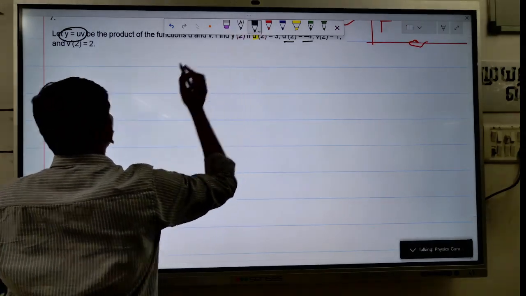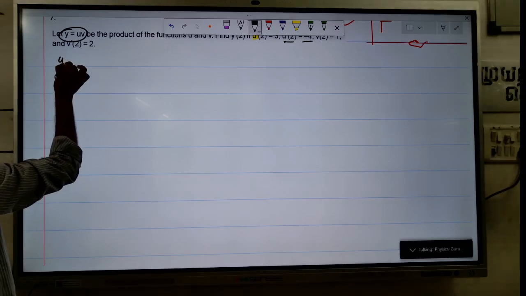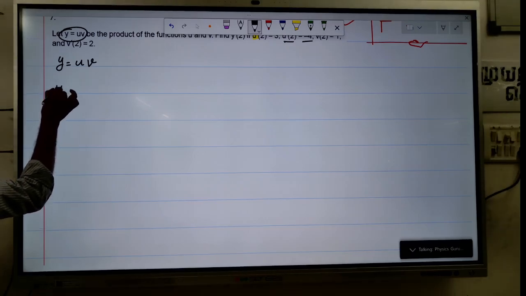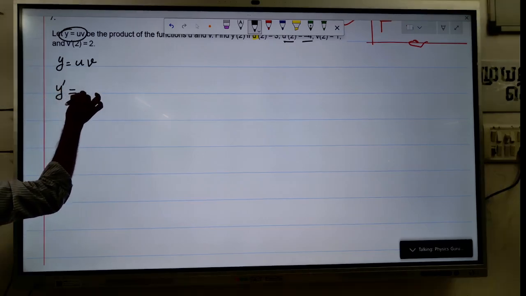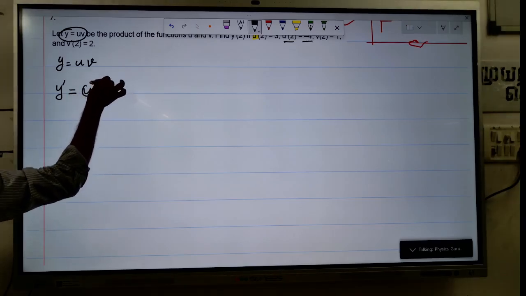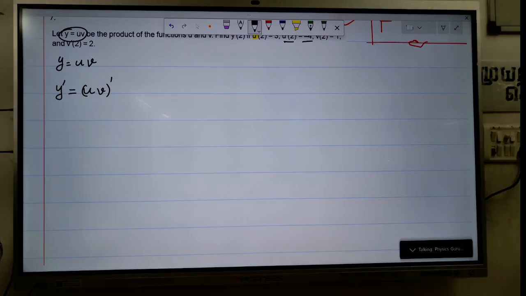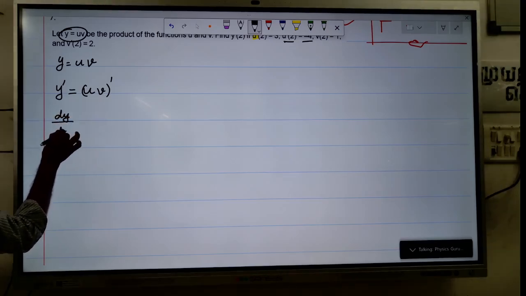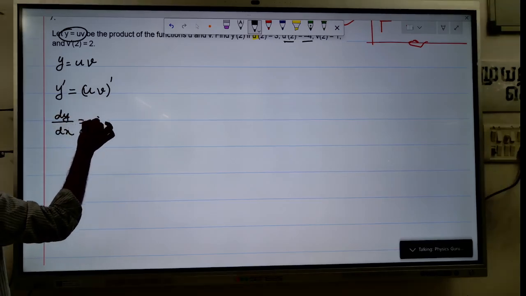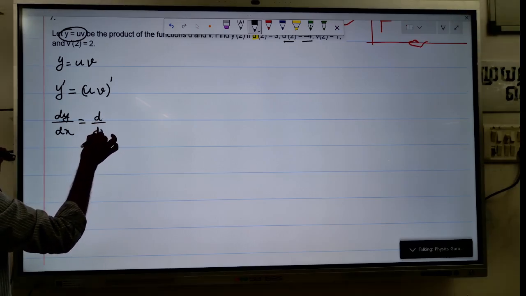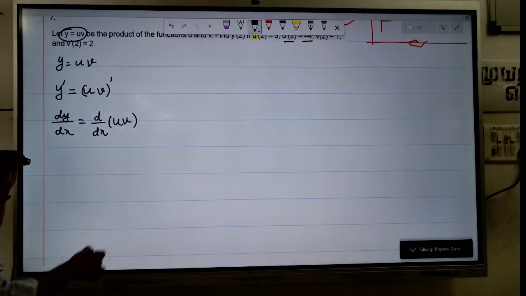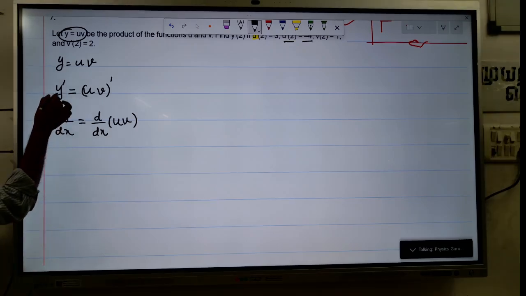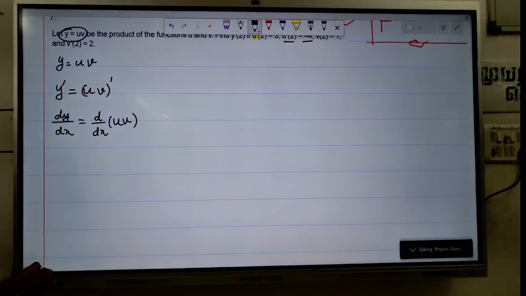You can write y is equal to uv. Therefore, y prime should be equal to the derivative of uv. Correct? That is differentiation of y. dy by dx should be equal to d by dx of uv. Correct? Is that right? So simply I am writing y prime is equal to uv the whole prime.